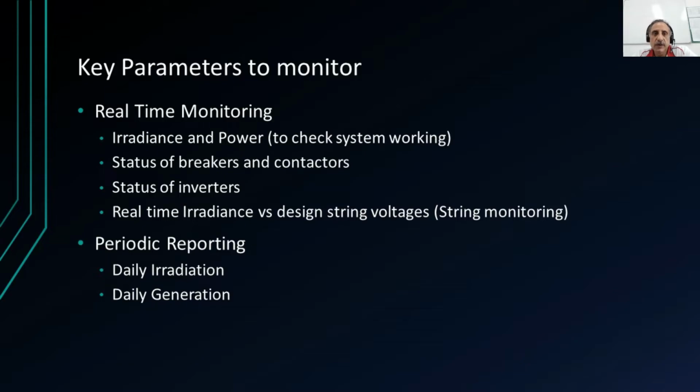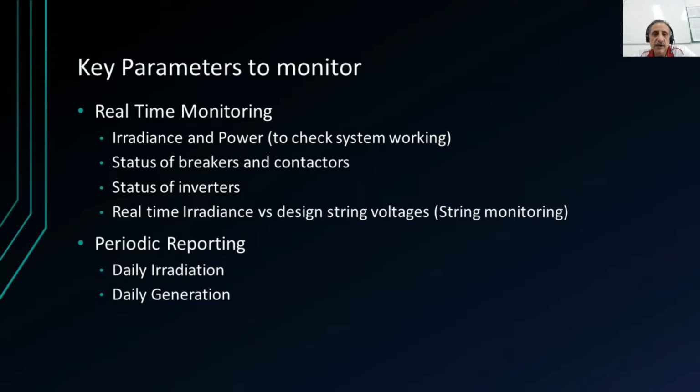Secondly, the most important real-time monitoring is the status of breakers, contactors, and inverters. For example, inverters may have tripped, or a breaker may have tripped. That needs to be reported immediately, as it directly affects the revenues of the customers.